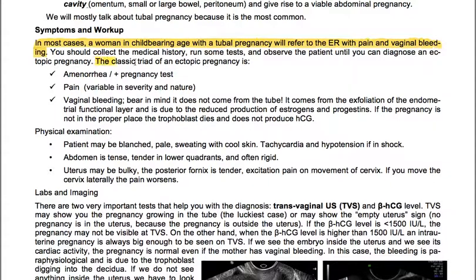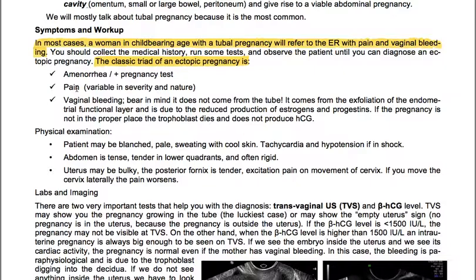The classic triad of an ectopic pregnancy is amenorrhea, a positive pregnancy test, pain variable in severity and nature, and vaginal bleeding.